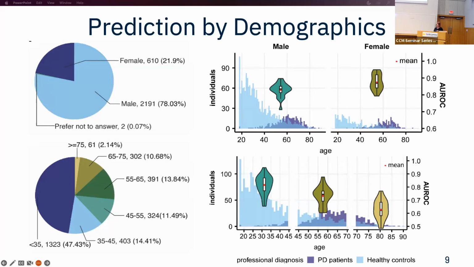There are three-fold more male than female in this walking record, but at the same time, female contribute more records per person than male. We also found that there are more younger people under age 35 in this data set, which contributed most of the healthy controls. And older people contribute mostly to Parkinson's disease patients, which will probably introduce a bias to our data set.